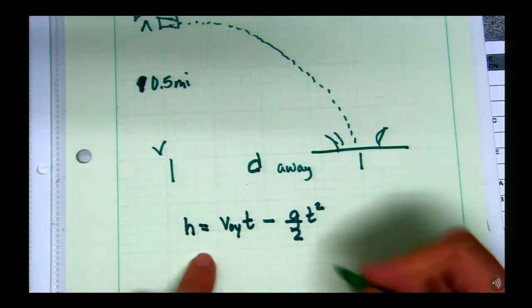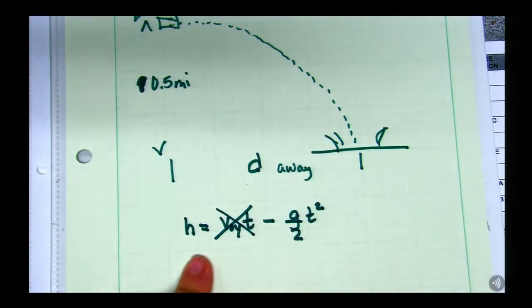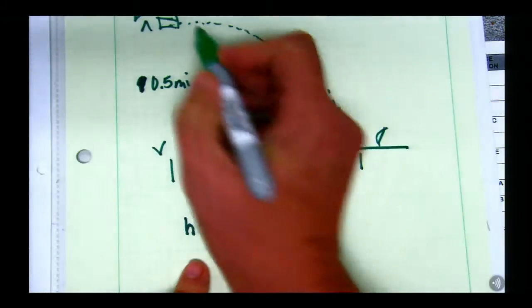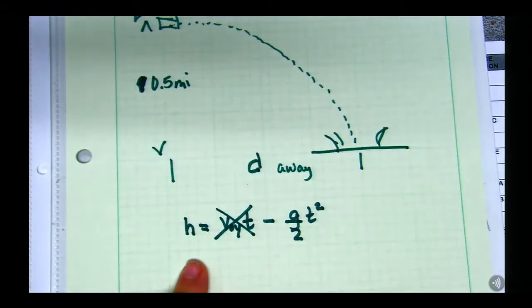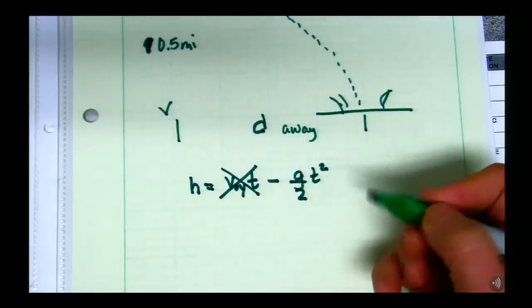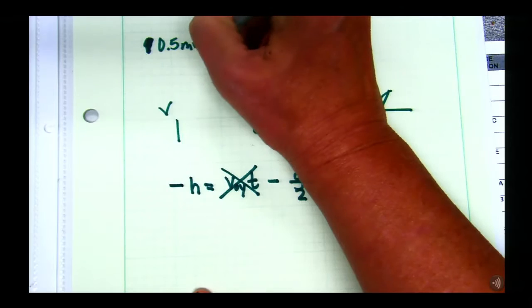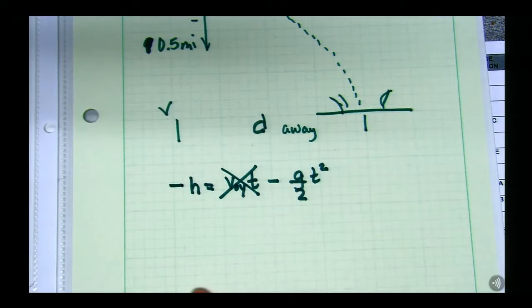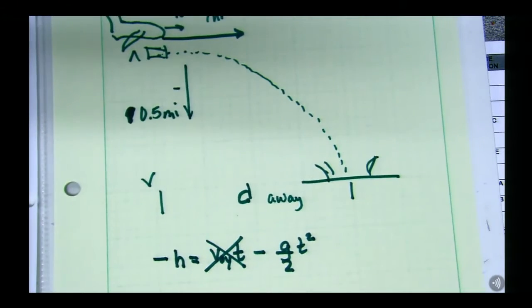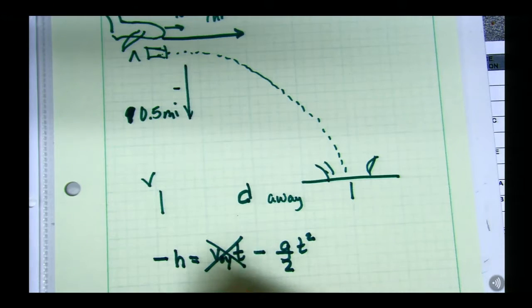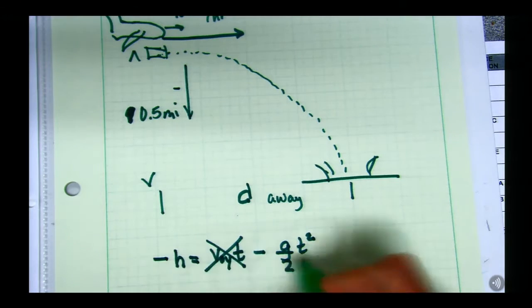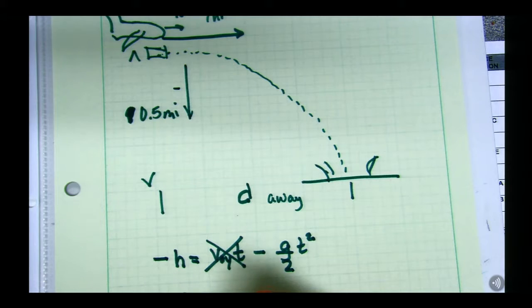There's no velocity in the y direction. I'm only traveling in the x direction when I drop the package. So now, that height, of course, is down. So I have to make sure I have my negative in there, because that's my negative height. So now my negatives will cancel, so I get the square root of 2h divided by g equals time.